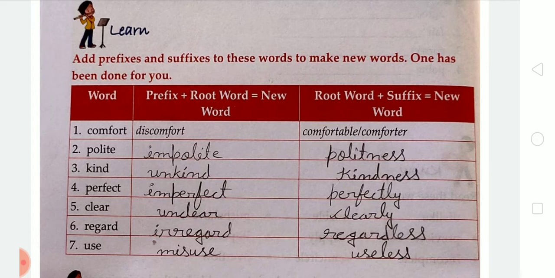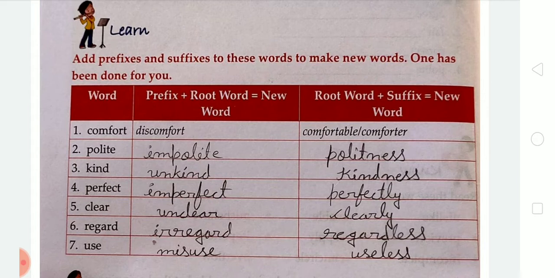Its examples are un, in, im, re, bi, mis, dis, pre, over, semi and inter. These all are examples of prefix letters.